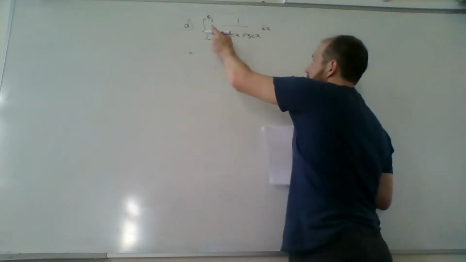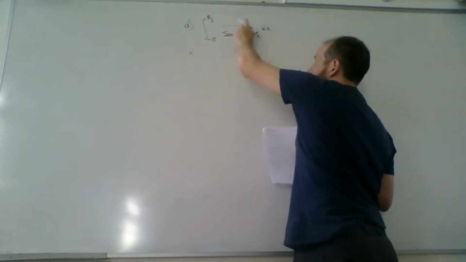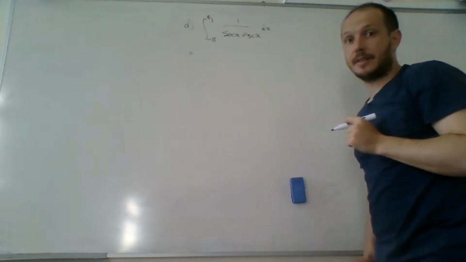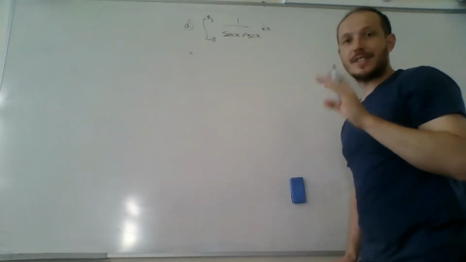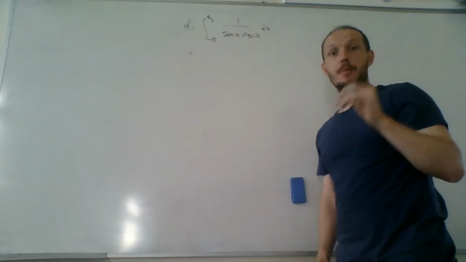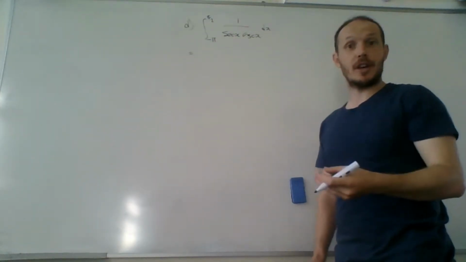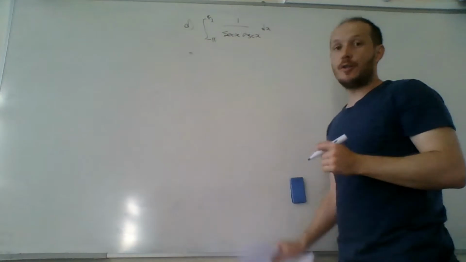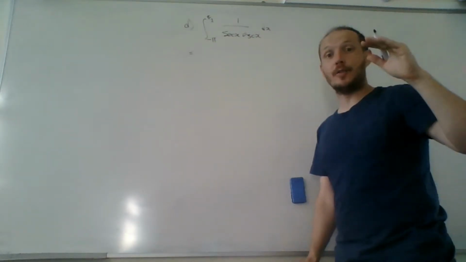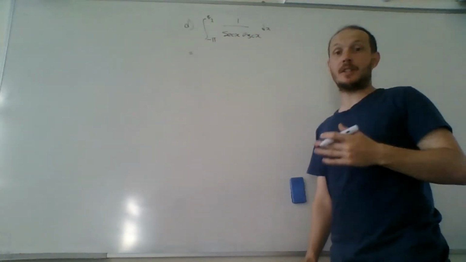So this is really the same as 1 over sec x times 1 over cosec x. Now 1 over sec x is simply 1 over 1 over cos x, which gives us cosine x. And 1 over cosec x is 1 over 1 over sine x, which gives us sine x.